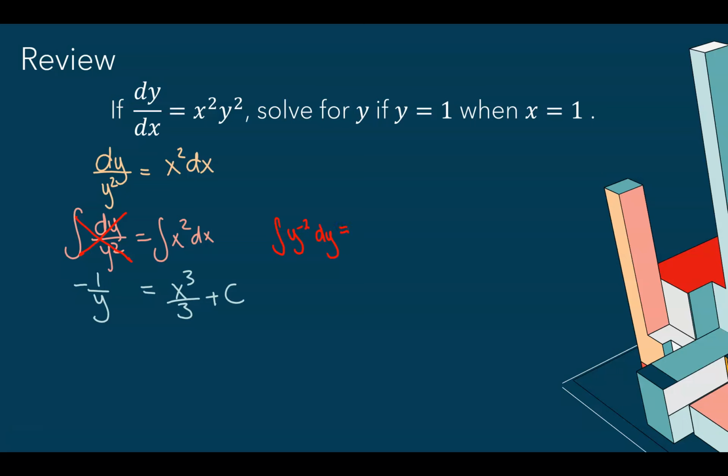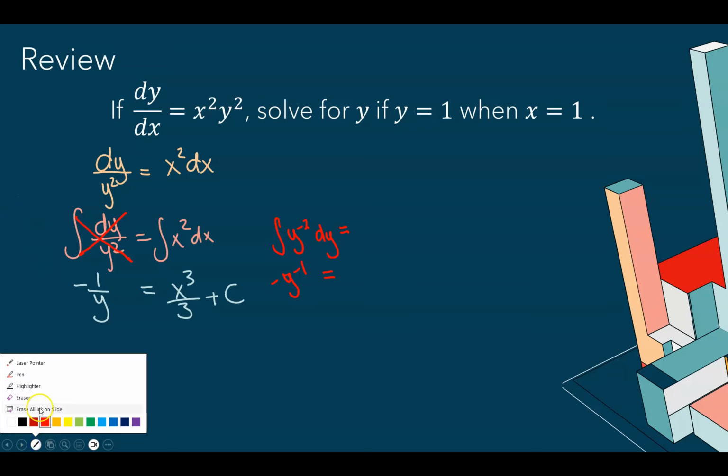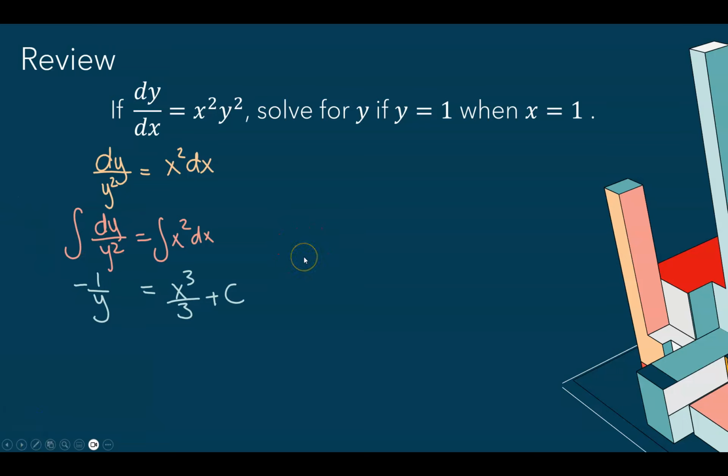Because then you can just think power rule. I'll add 1 to the exponent. That's going to be y to the negative 1. But I need a negative out front. So that's how we get negative 1 over y. Ideally, that's in your head, but you could have written it differently.